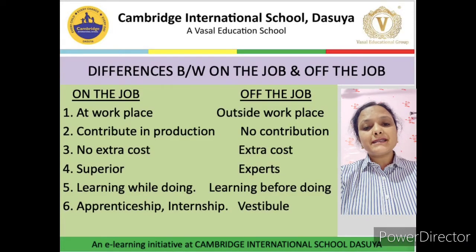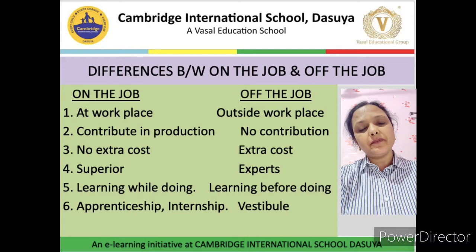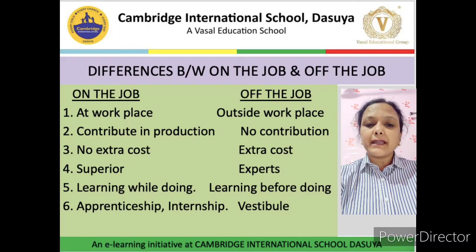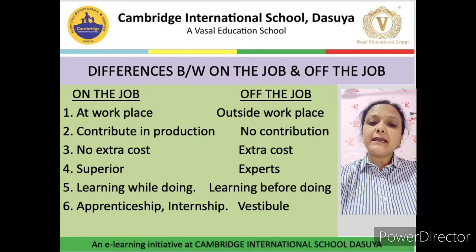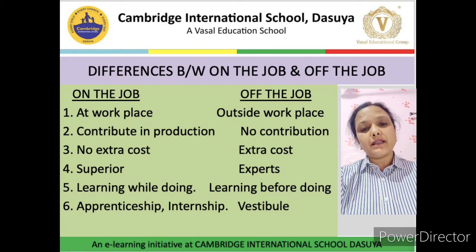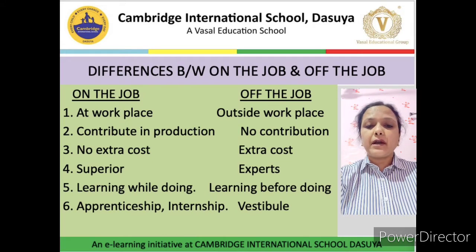Now we will discuss the differences between on the job methods and off the job methods in brief. On the job training is provided at the workplace only. Off the job training is provided outside the organization. Here, the employee is going to give his contribution in the form of production.